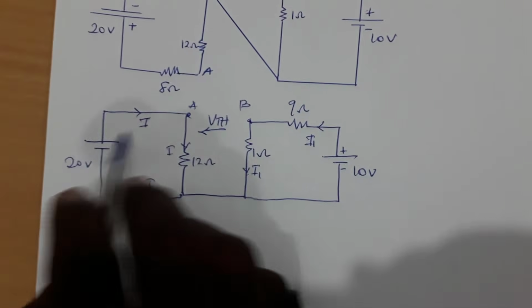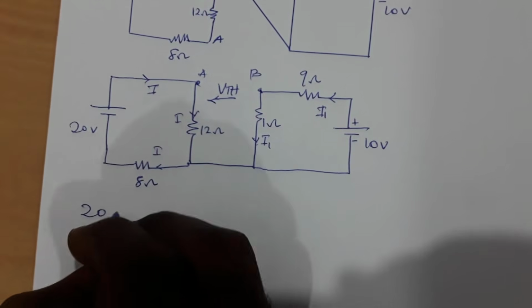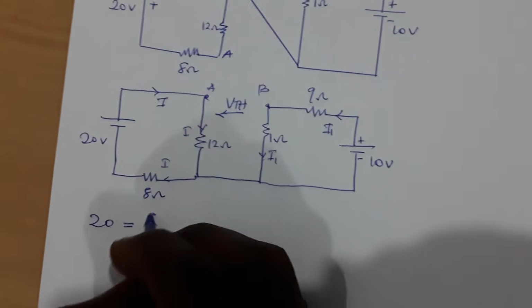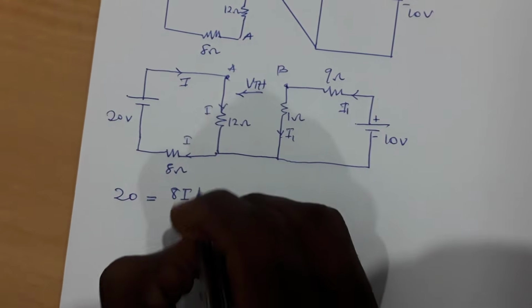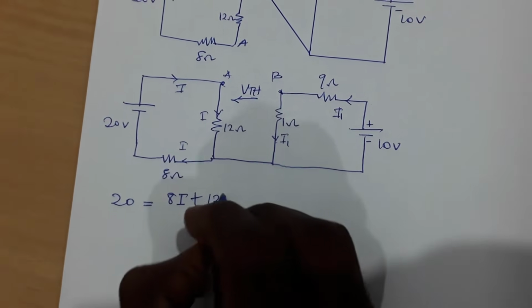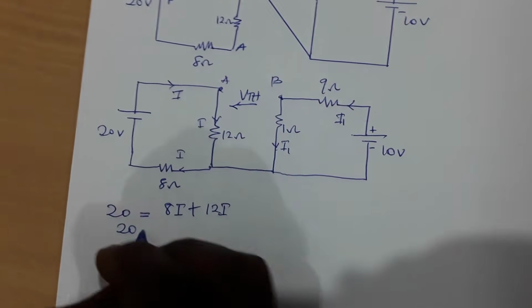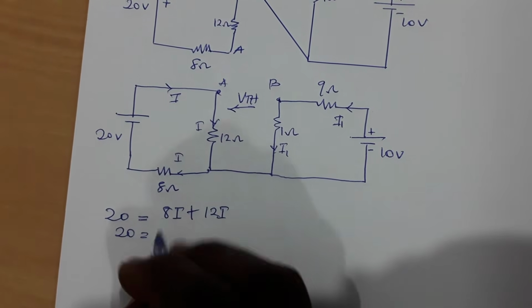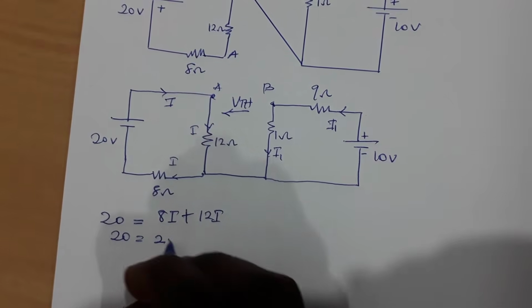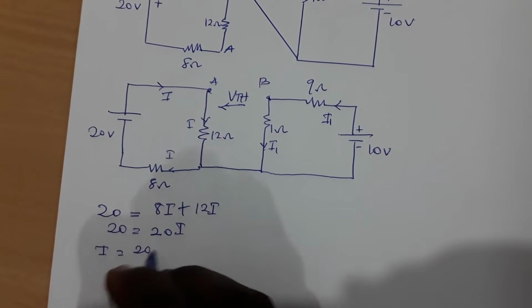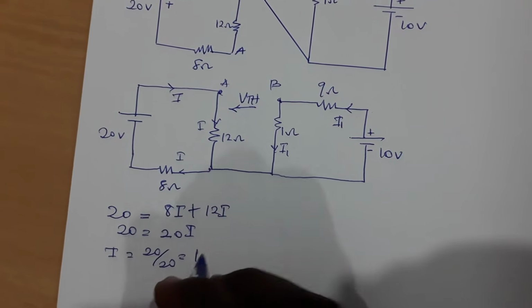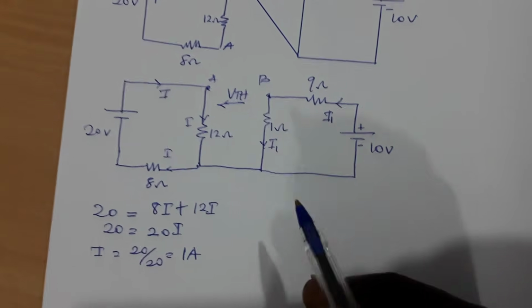So taking this loop, we can say that 20 should be equal to 8I plus 12I. 20 should be equal to 20I. So I will be what? 20 out of 20, which is 1 ampere.